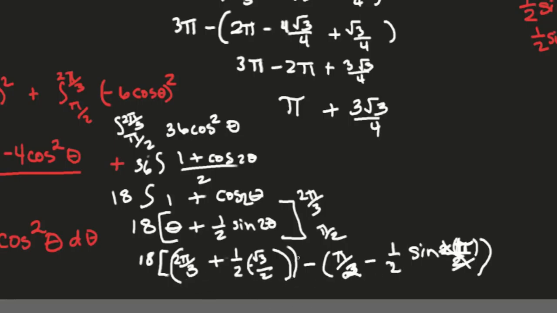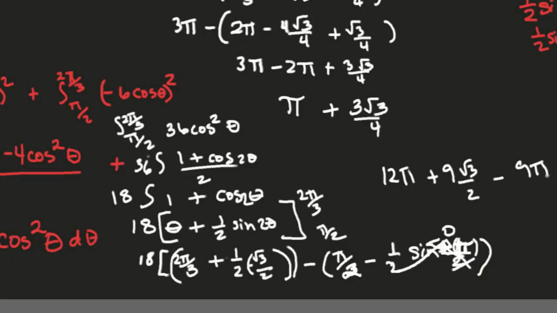So here, when we simplify, sine of pi goes to 0. So we have 18 distributed times all that, which is going to give me, let's see, 18, 6, 12 pi. 4, so we're going to be left with 2, 9 root 3 over 2. And then here we're going to get a minus 9 pi, is that right?